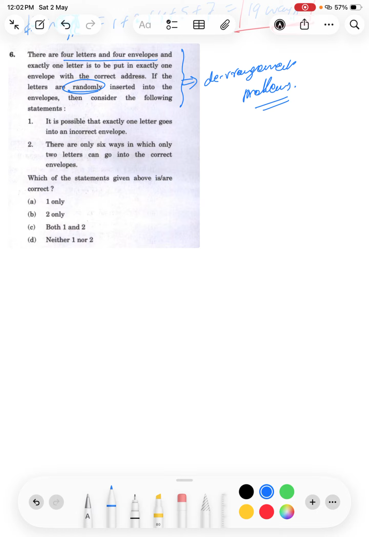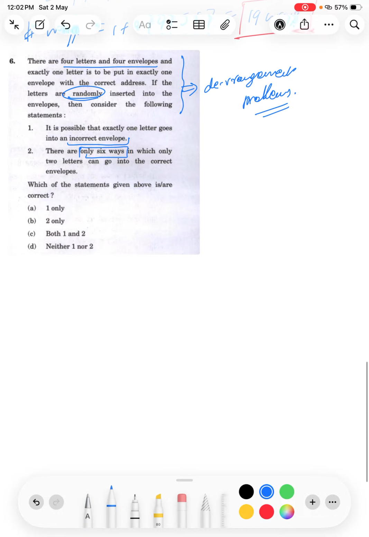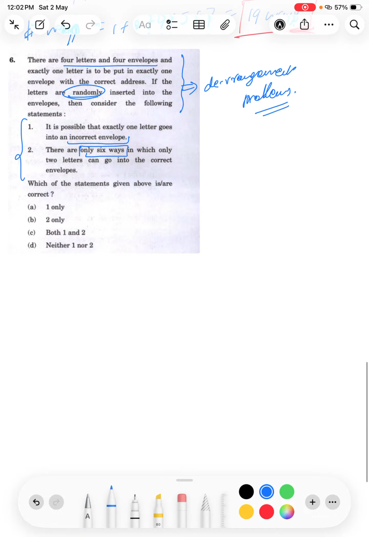It is possible that exactly 1 letter goes into an incorrect envelope. And the second statement is there are only 6 ways in which only 2 letters can go into the correct envelopes. So we have been given 2 statements. We have to figure out if they are correct or wrong.